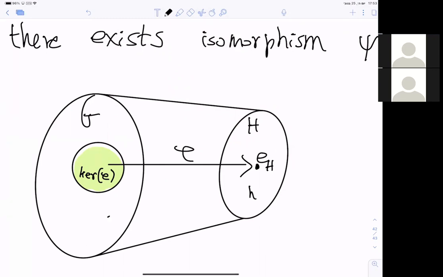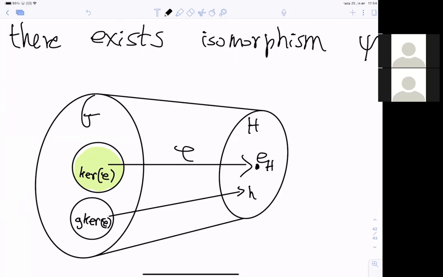So its source will be just a shift of this kernel.